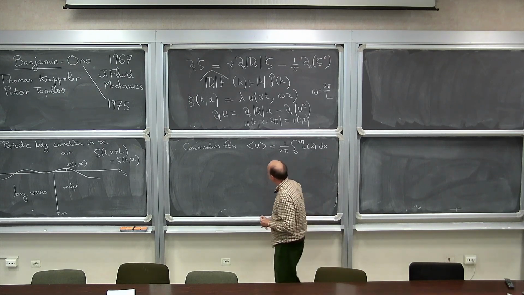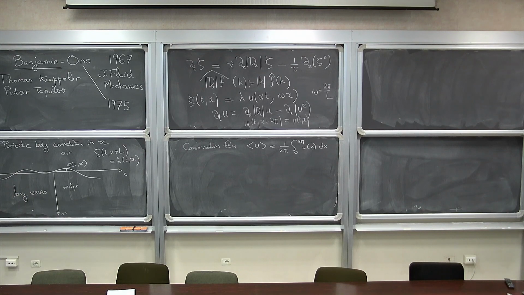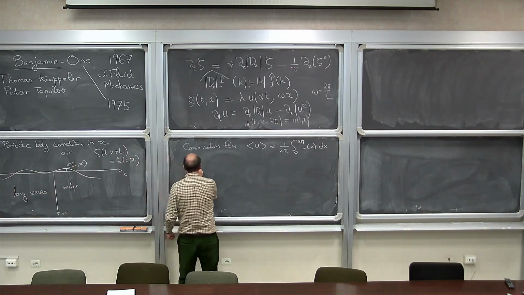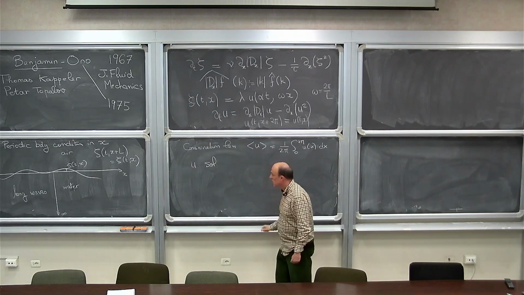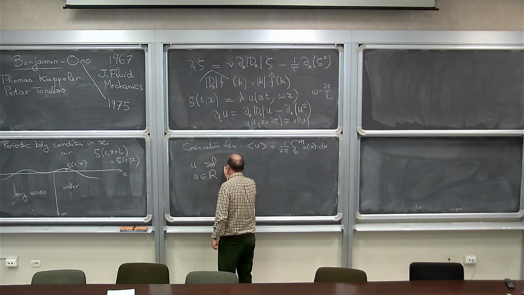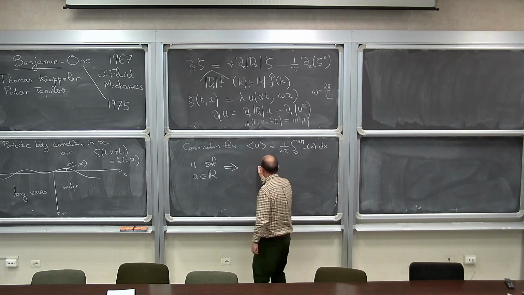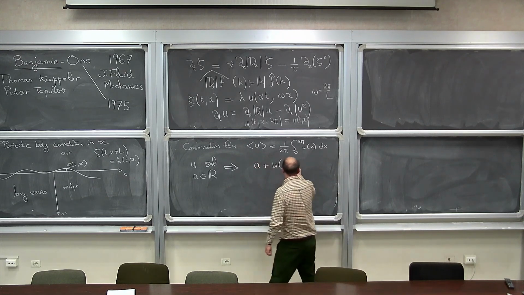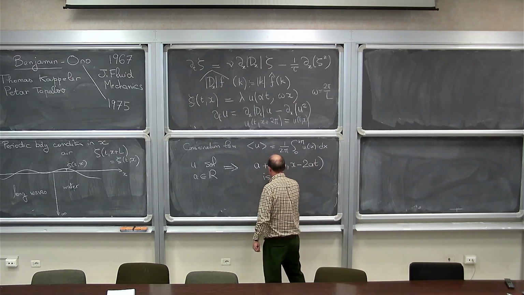Okay? Now, this average is in fact at your disposal. Why? Because if U is a solution of the above equation, and if A is any real number, then I can prove that the function A plus U of t, x minus 2at is still a solution.